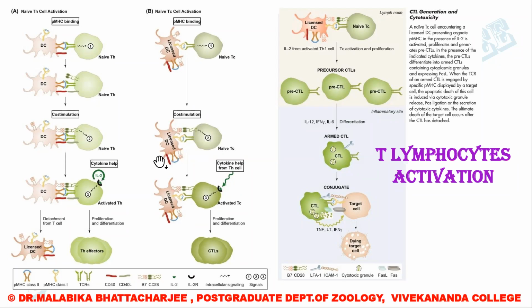It is only the licensed dendritic cells, which have already been activated by a previous engagement with the T helper cells, that can actually interact with the T cytotoxic cell to produce the second signal in a T cytotoxic cell.